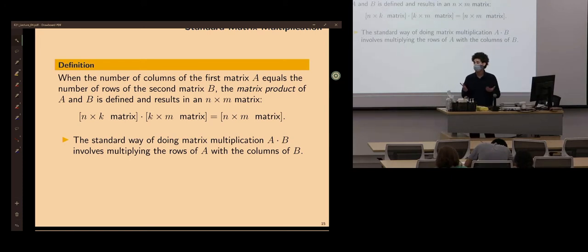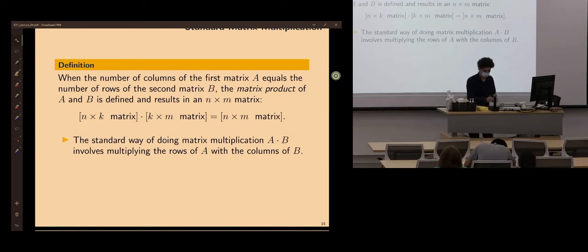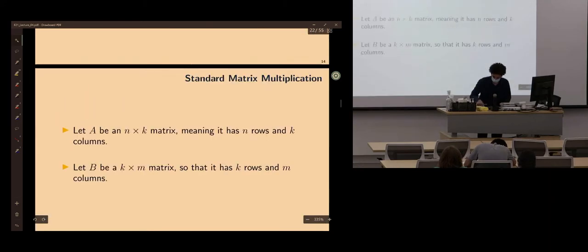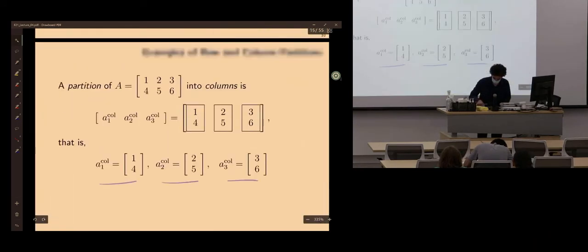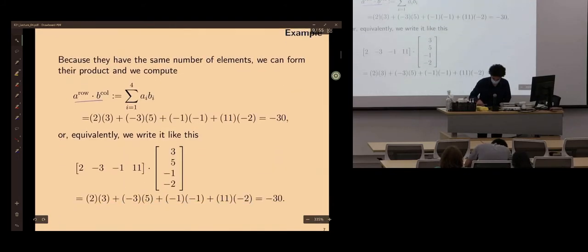But what was the condition on the definition of multiplying a row vector by a column vector? It was n by 1 multiplied by 1 by n. I'm referring to here.